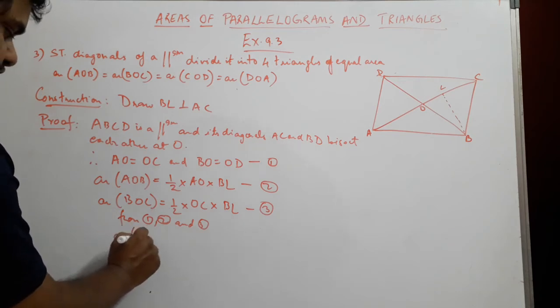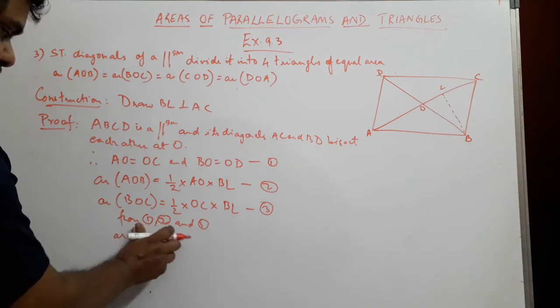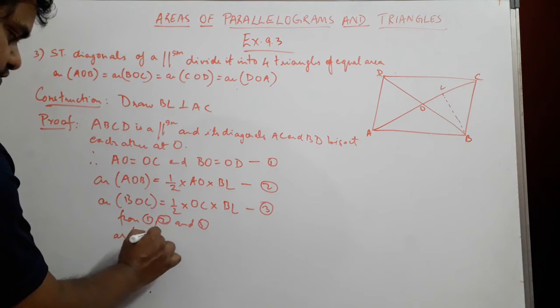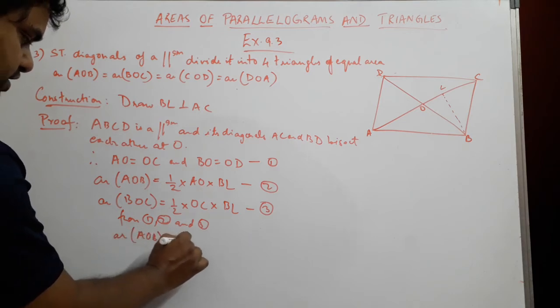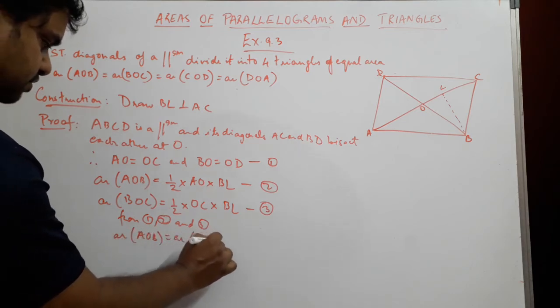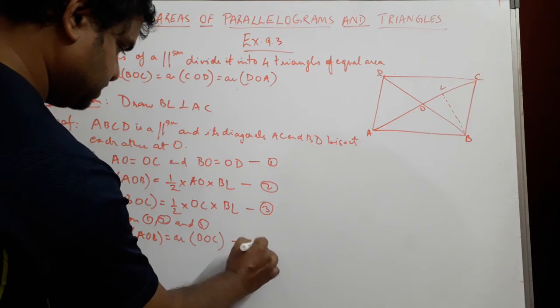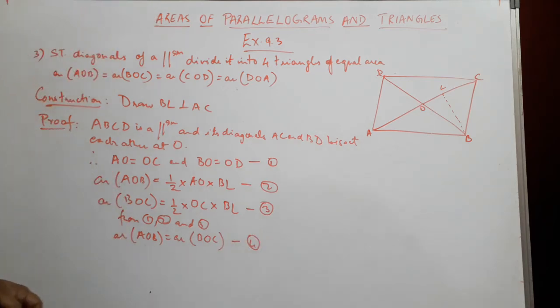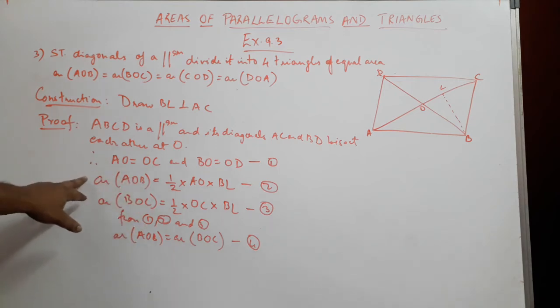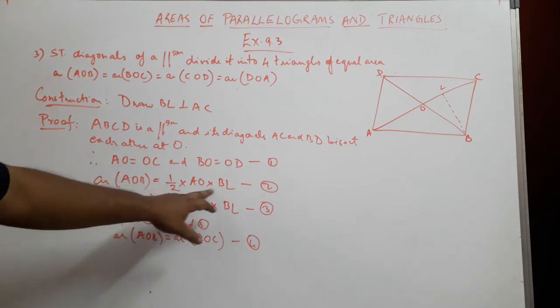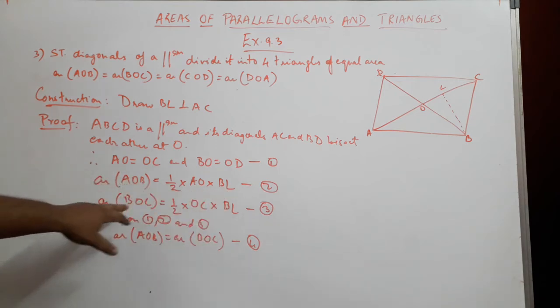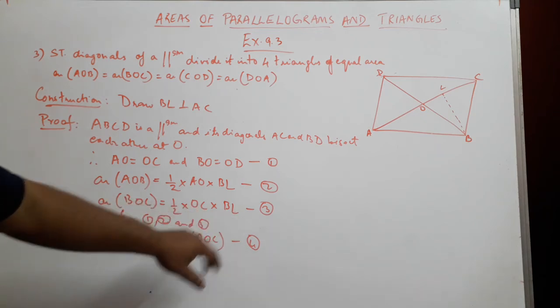area of triangle AOB is equal to area of triangle BOC. Mark this as fourth. What we did, we got the area of triangle AOB, which was half base into height, and we got area of triangle BOC, half base into height.